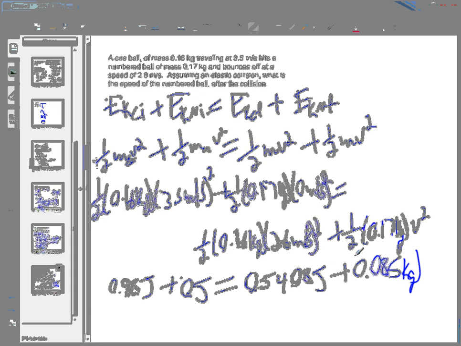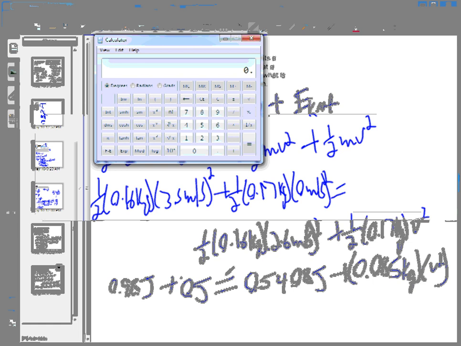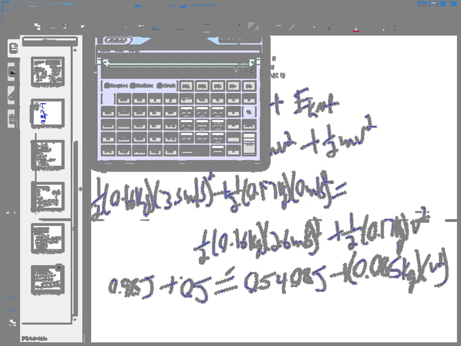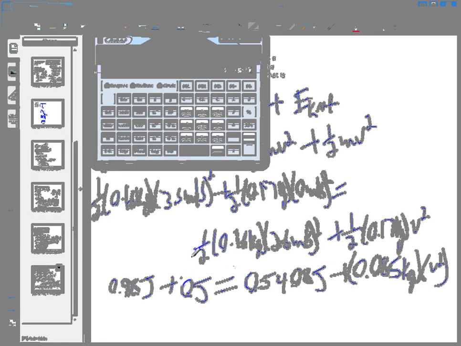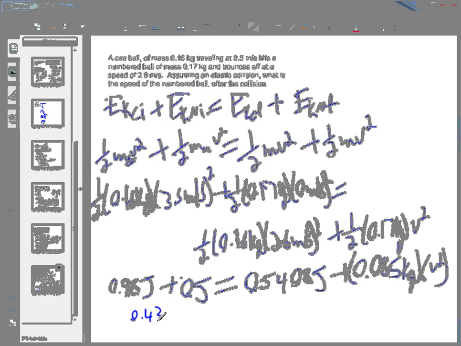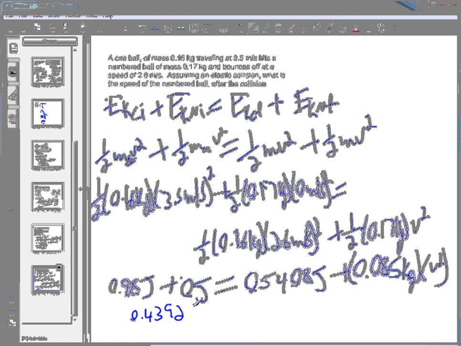We can solve for this by taking that, adding it to that, you get 0.98, subtract this, so we've got 0.98 joules minus 0.5408 joules equals 0.4392 joules, which is equal to 0.085 kilograms times v squared.